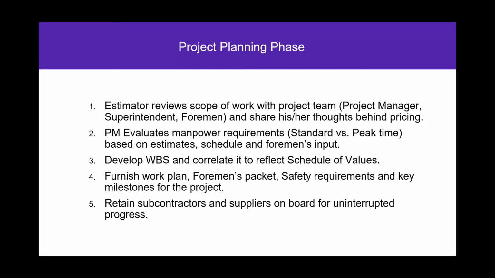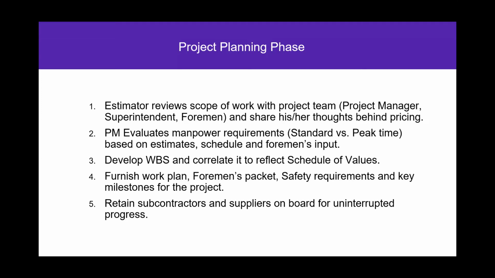Once we get a project awarded, or in the post-bid phase, our estimator reviews the scope of the work with the project team. That's the project manager, superintendent, foreman, and our project control specialist, who is our director.